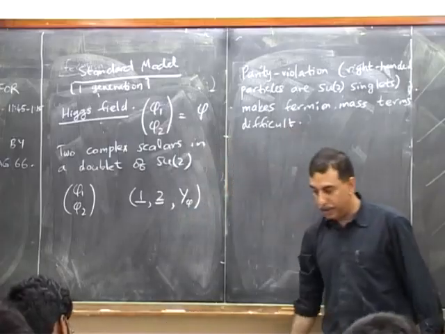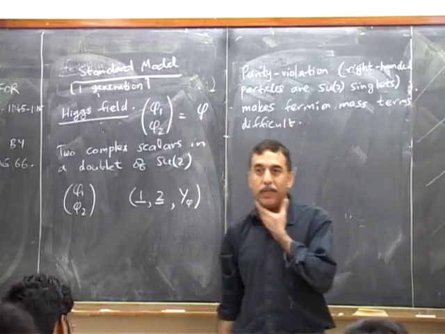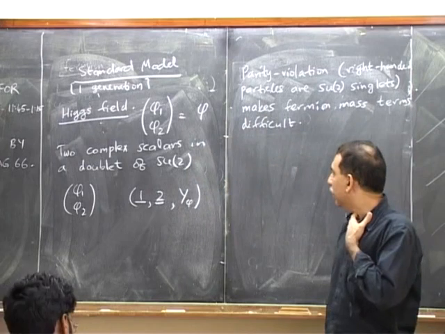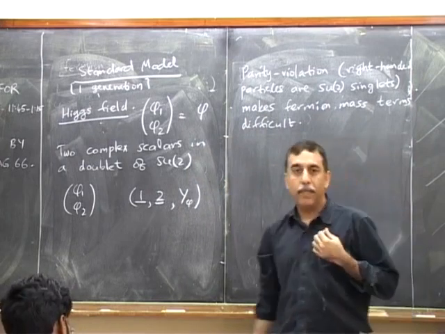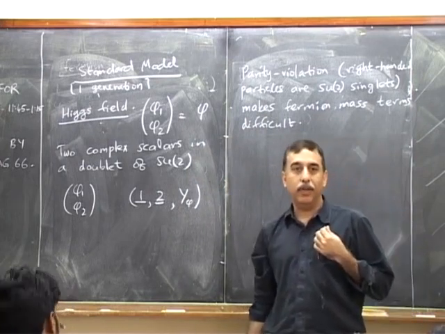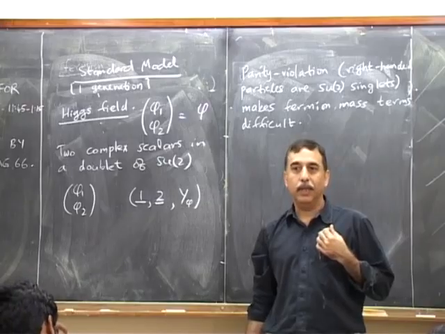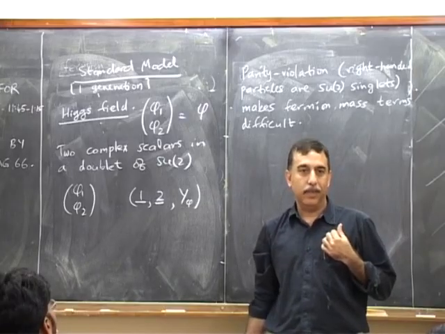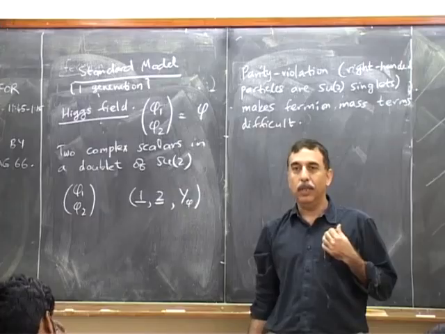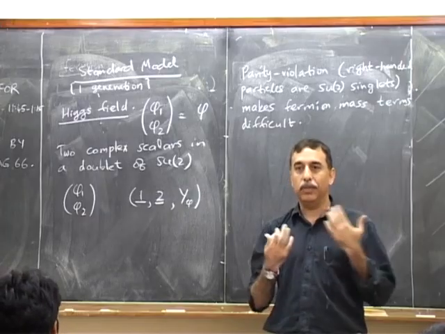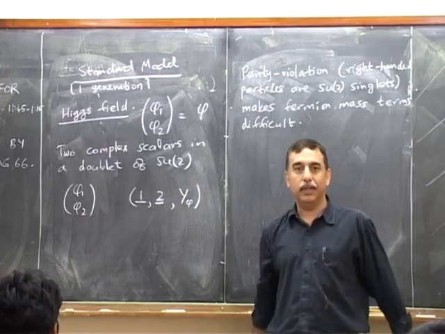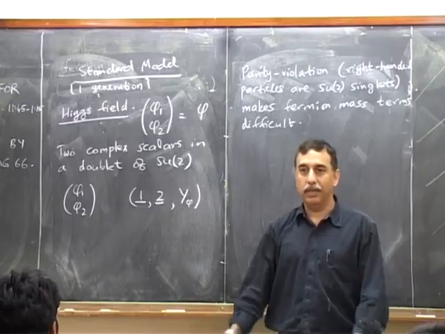So why is that? Well, it's very simple from what I introduced earlier. I had said that all the left-handed fermions are doublets and all the right-handed fermions are singlets of SU2. So how on earth am I going to make a mass term, which is supposed to be a product of a left-handed and a right-handed fermion, and have it be gauge invariant?